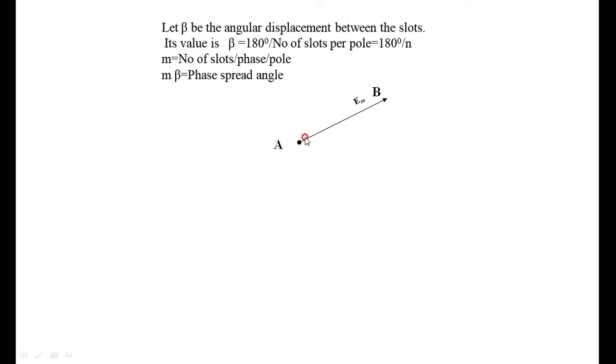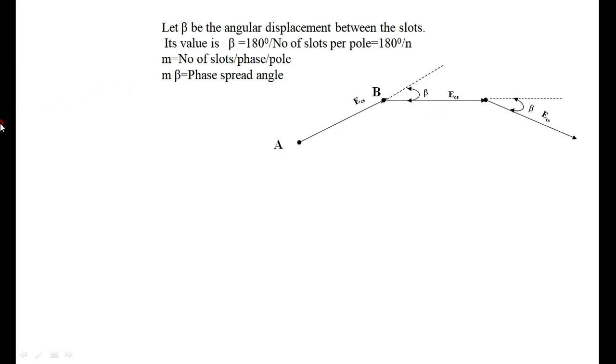I am showing here AB is 1, the second one is the next coil EMF. There are so many added here. M number of such vectors are added and finally you get the resultant. The last vector I have shown here is the m-th EMF.